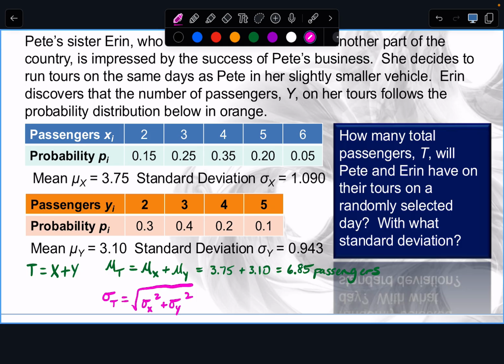But before I even start to attack that, what do I have to justify first? That they're independent. I don't want to start calculating standard deviation until I've verified that my two variables are actually independent from one another. So when we look at the description here, it said Erin lives in a tourist area in another part of the country.